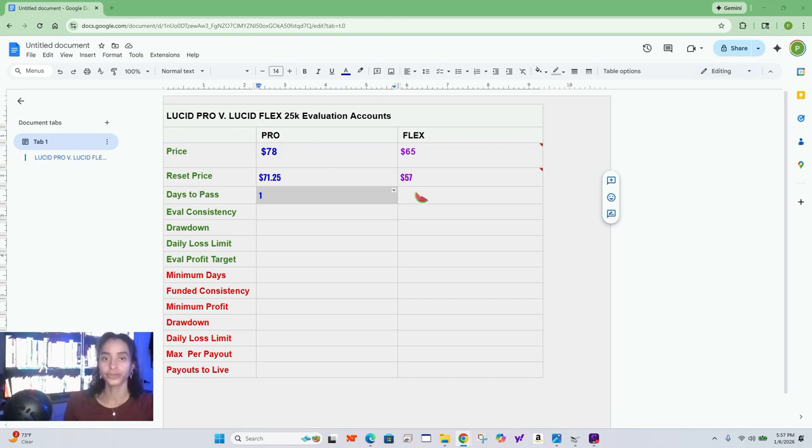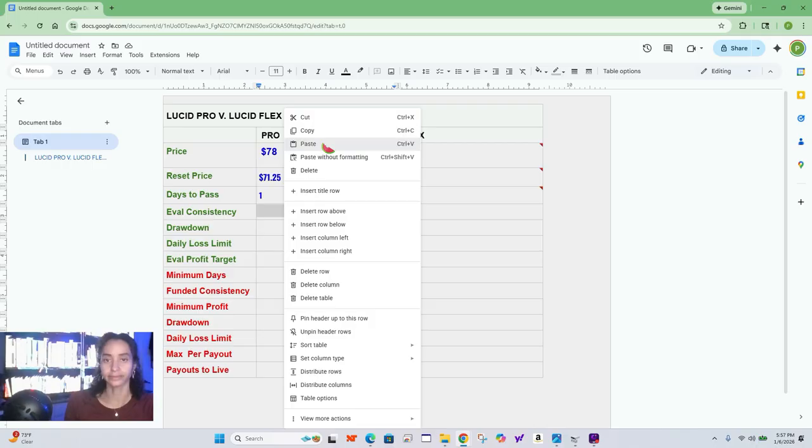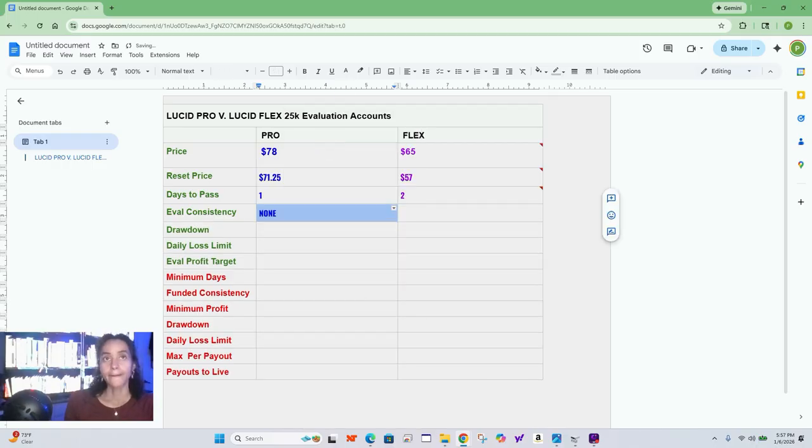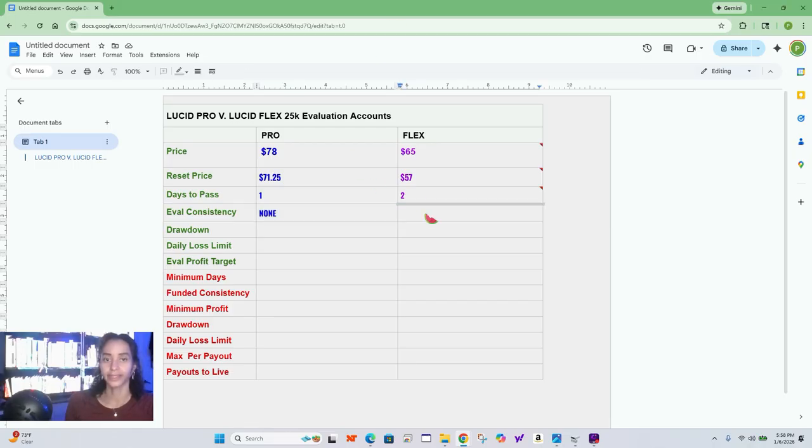Okay, moving along. All right, days to pass. So for the Pro account, but there is a 50% consistency in the Flex account, and that's why there's a minimum of 2 days to pass.